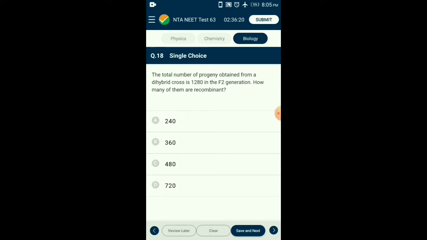Accordingly, if in the F2 generation 1280 progenies are formed, 800 progeny show parental phenotypes and 480 progenies are recombinants. So the answer for this question is option C, 480.